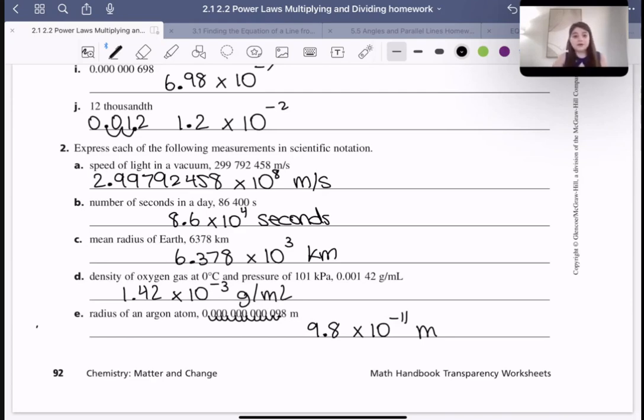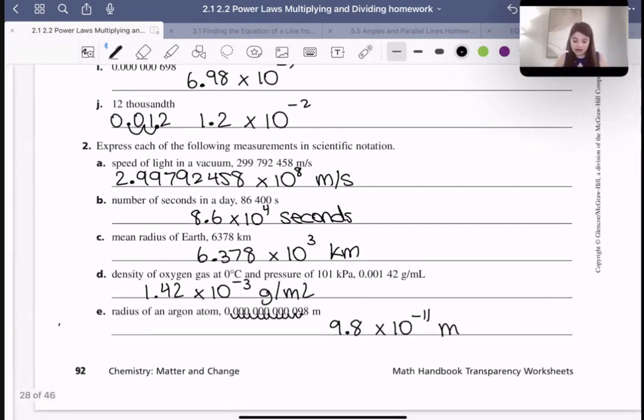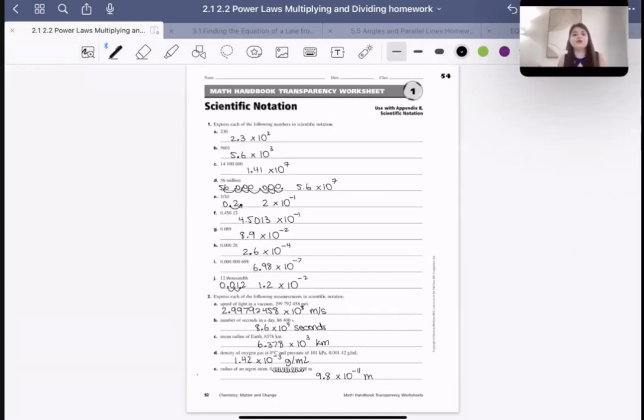I hope you learned a lot about scientific notation. And unlike some of the other lessons that really just help you for math, I hope this one helps you in science as well. I think this is a good skill to know how to do, especially because sometimes a textbook might use scientific notation. So being able to understand it properly and having done it is going to help you.